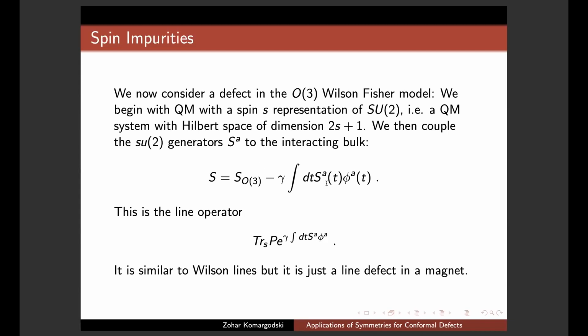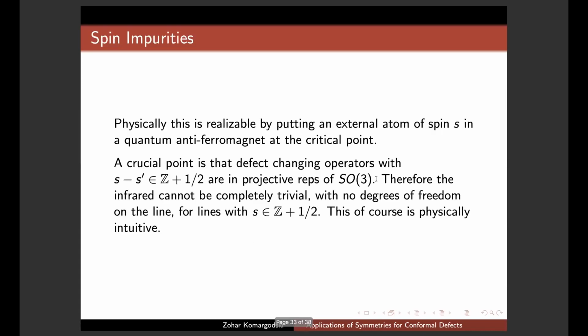I should say that sometimes this model is called the Kondo boson model because it's a very close cousin of the Kondo problem in 1+1 dimensions. You can think about it as a Kondo problem in 2+1 dimensions. So I already said that you can realize it easily.